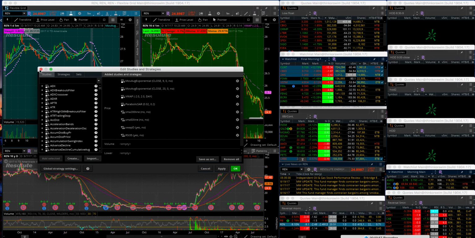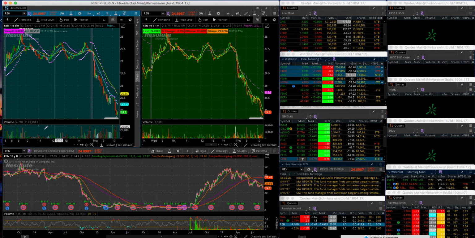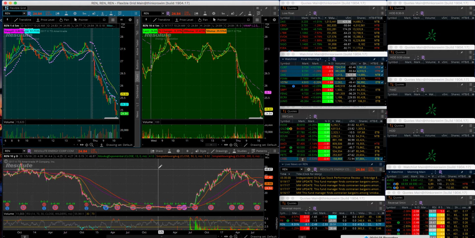I find it easier to use that rather than having another lower chart thing underneath the volume bar, which minimizes this area, or you could overlay the RSI into here, which is hard to see. I figured I'd just put it up here and you could see it way easier. Other than that, I think that covers any new stuff that I have.